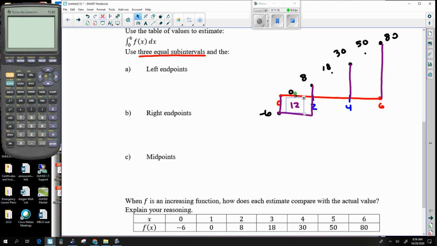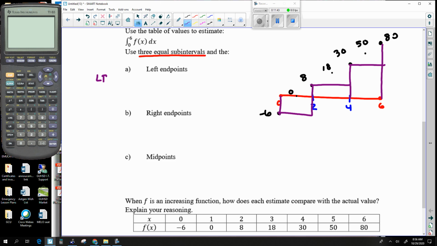All right, so what does this look like? So left-hand sides are going to be the heights. So this is kind of my approximation of this. So in this situation, what is my area?